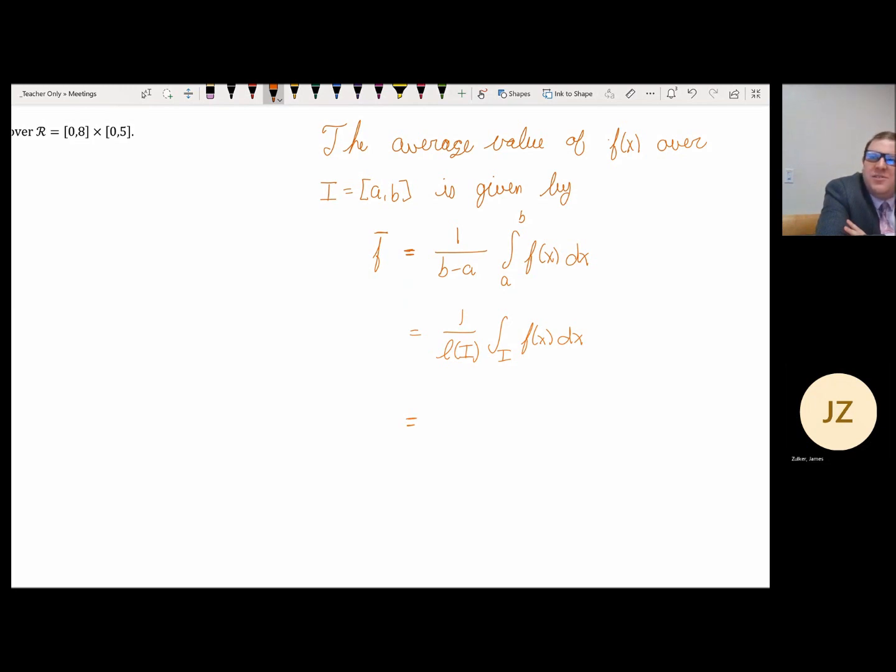Length of the interval is just the integral over the interval dx, isn't it? I write it those last two ways to make a connection.